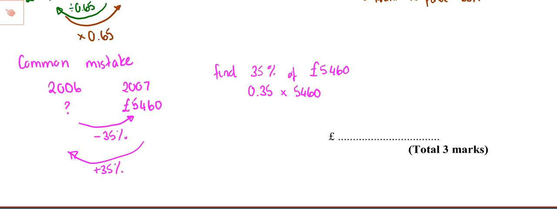Or we could do 1.35 again. But let's do 35%. What do we get? 1,900. And then let's do 5,460. Let's add that back on. So add 1,900. What do you get? 7,000. Careful.